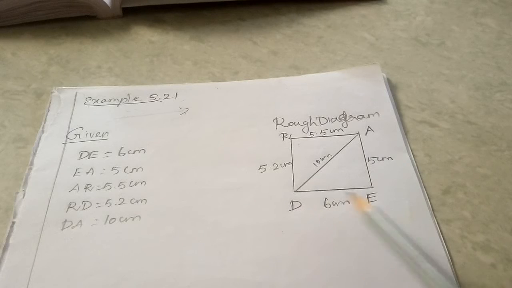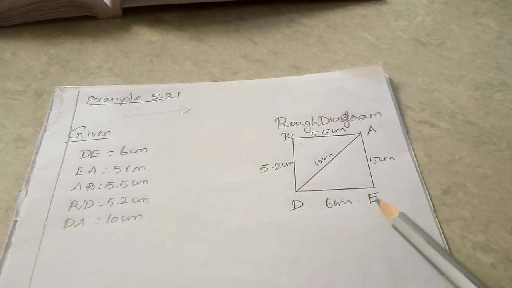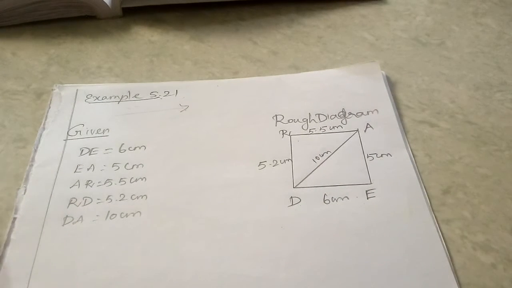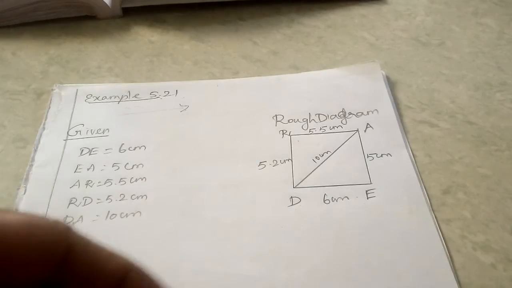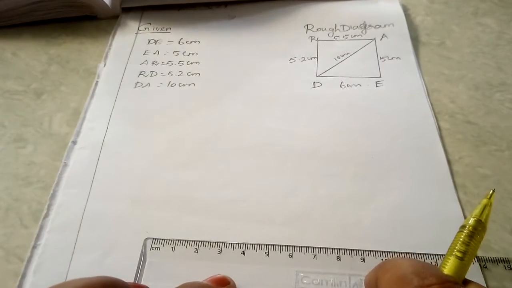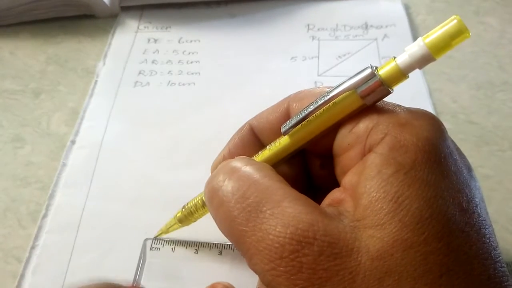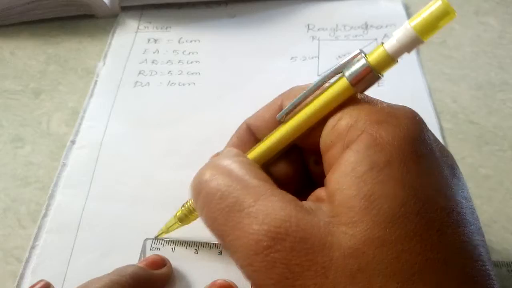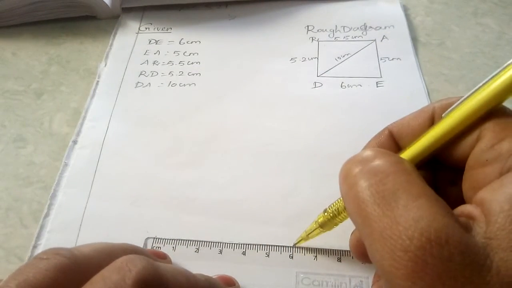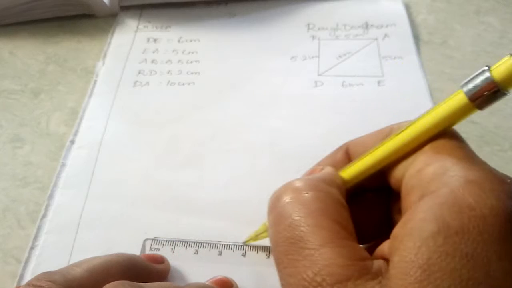Draw a line segment DE equal to 6 cm. For that, take 6 cm in the scale. 6 cm means here is the first point. Draw a 6 cm line segment.